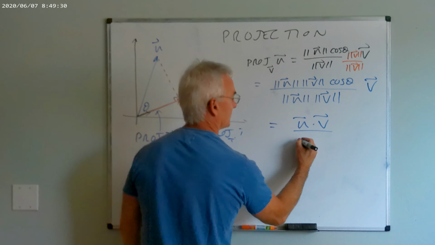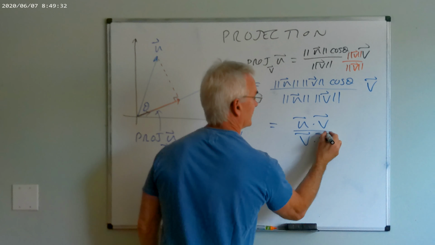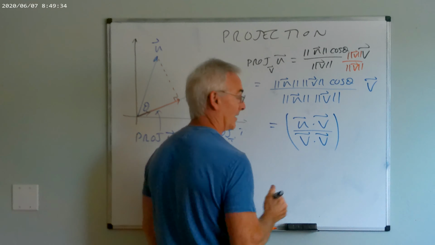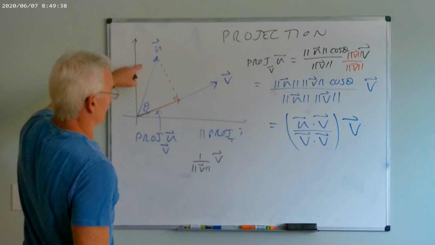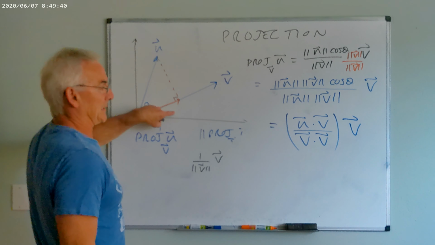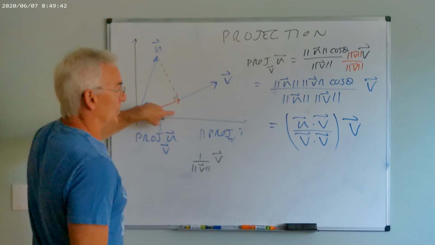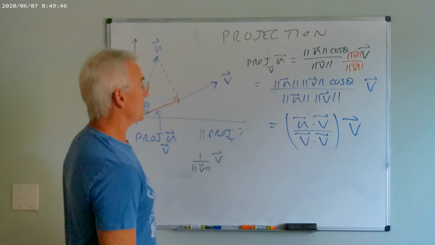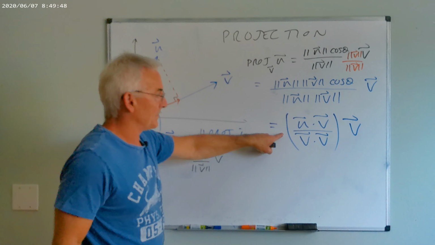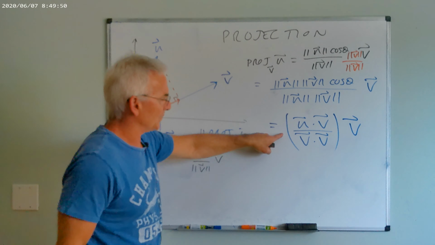That gives us u dot v over v dot v, which is a scalar, times vector v. And I don't care what the original vectors are, this process will never be difficult because all you're doing is using the components. You're never actually calculating the angle. So this is called the projection of one vector onto another. This is a very useful form.